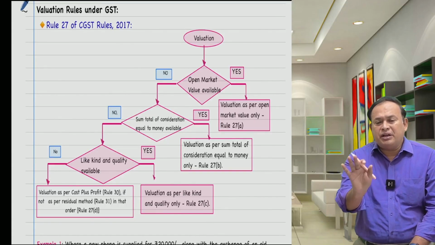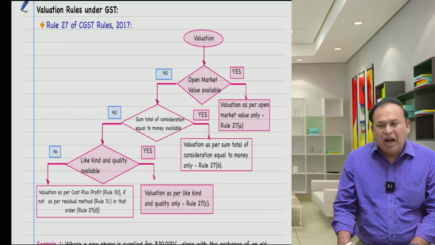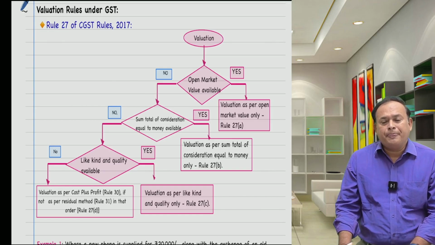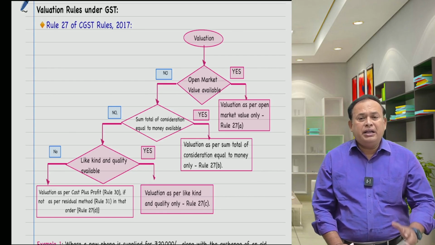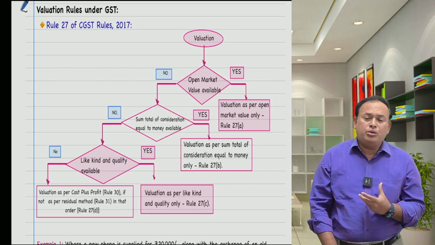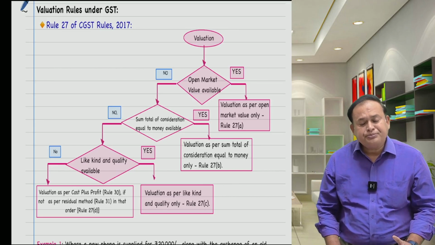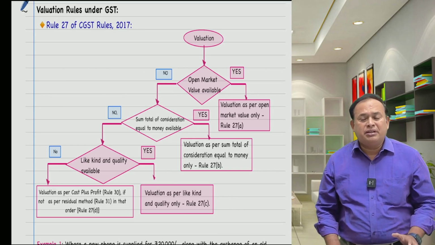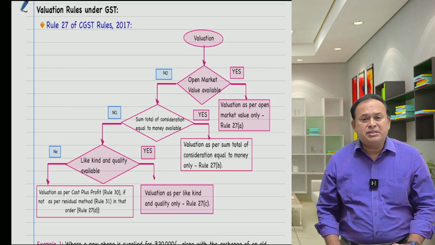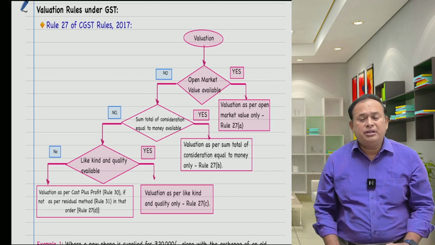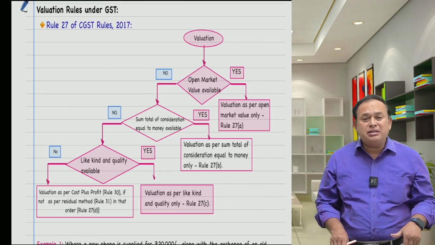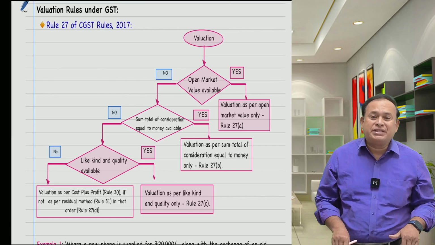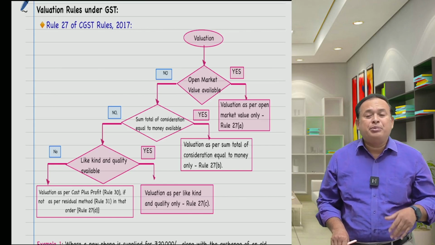It says that if there is undervaluation, how can you say undervaluation first of all? Sir, take a case where I sold my new laptop to a customer for rupees 20,000 in exchange for the recipient, namely the buyer's, old laptop given to me.